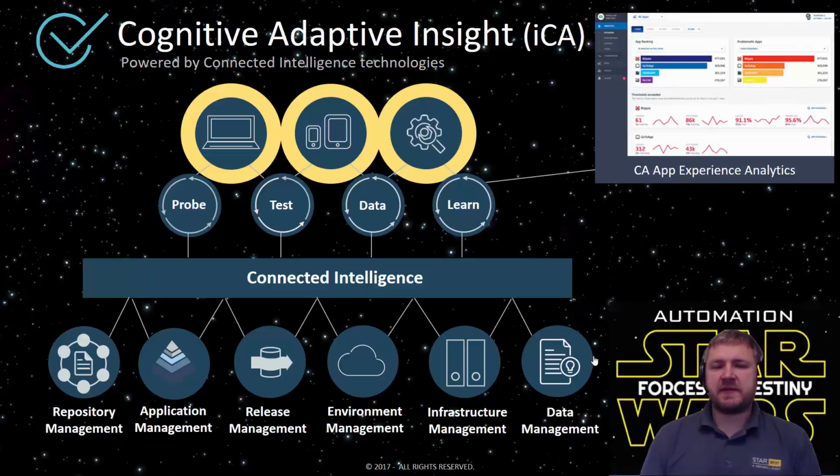And this example gives you a bit more of an understanding of how this all comes together. So this layer, which is continuously learning, is about your repositories, it's about your applications and how they're deployed, how they're released into different environments, and underlying that environment is infrastructure management. So the actual physical hardware. It's about the data management, whether or not you've got challenges around GDPR.